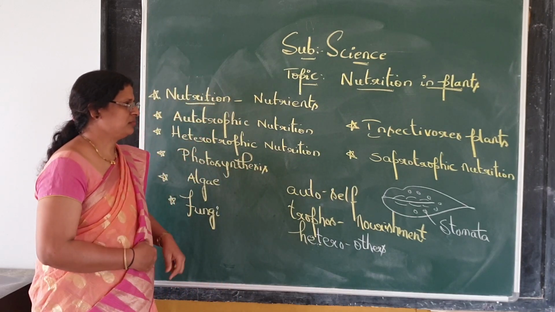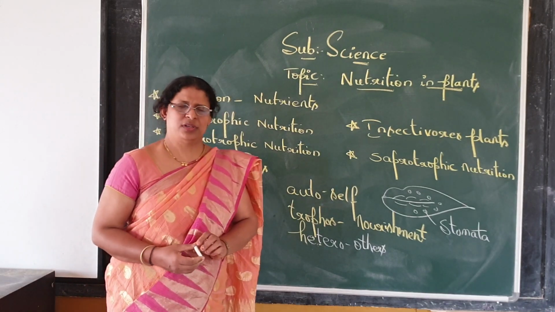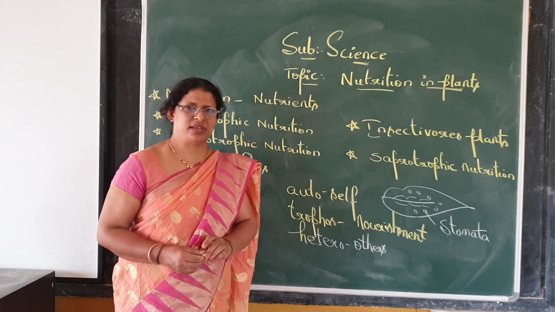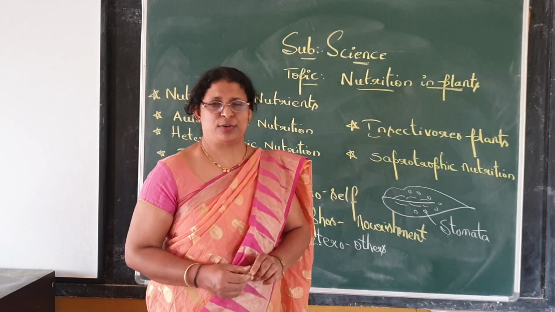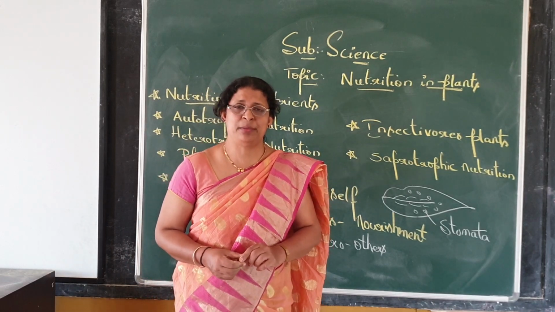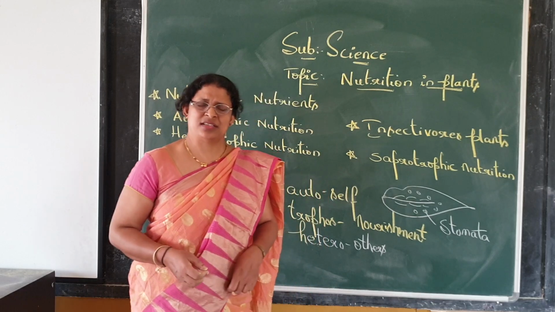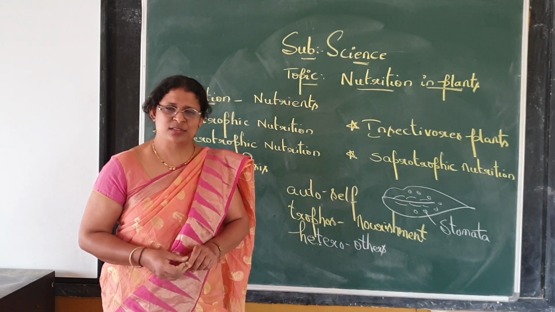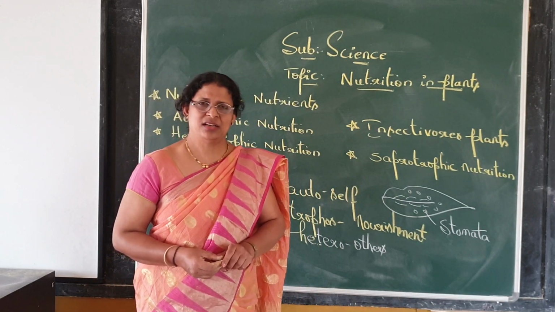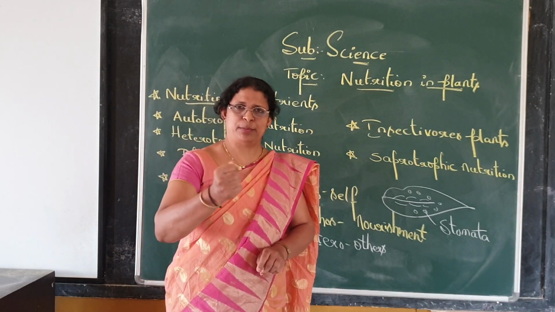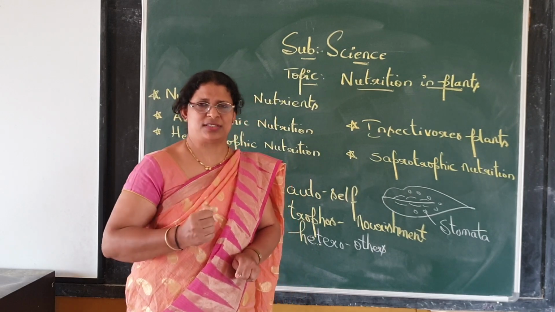And then, let us speak about saprotrophic nutrition. When we talk about fungus formation, what do you mean by saprotrophic nutrition? It is nothing but organisms taking nutrients from the bread, for example the fungus I just told you about.